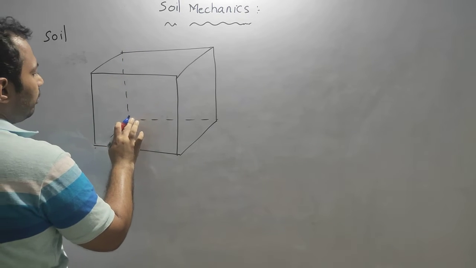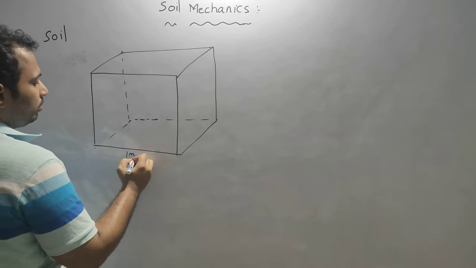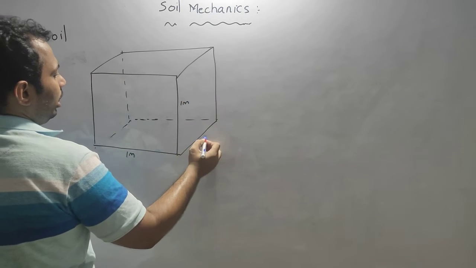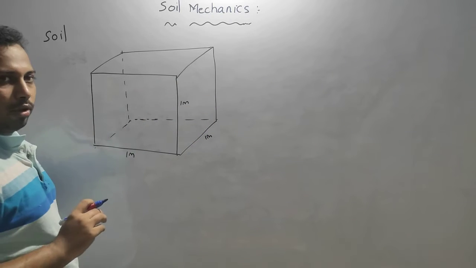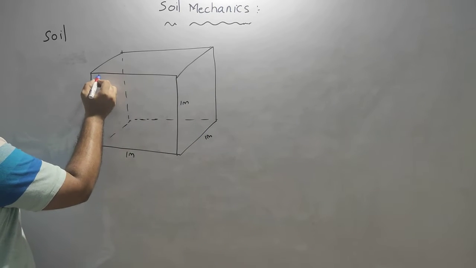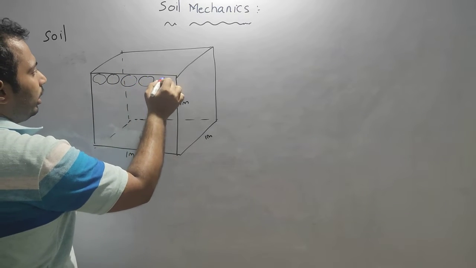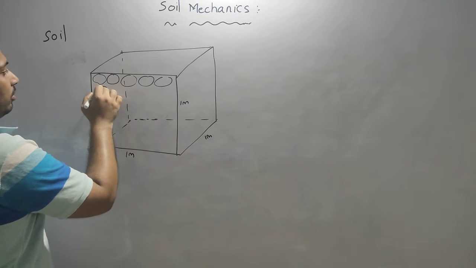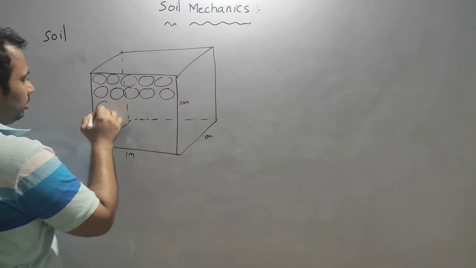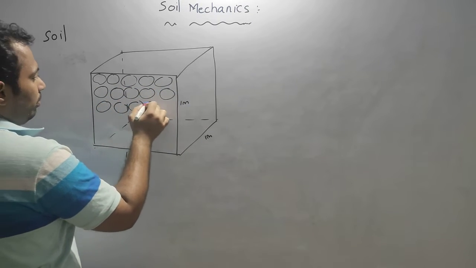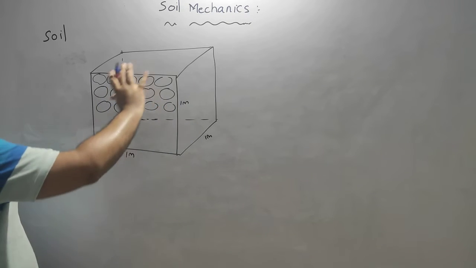This is 1 meter, 1 meter and 1 meter. Length, width and height are all 1 meter. In this there are gravel particles of uniform size. Ideally I am taking the gravel as a sphere, with uniform size and uniform shape. Now here this is the total volume of the soil.